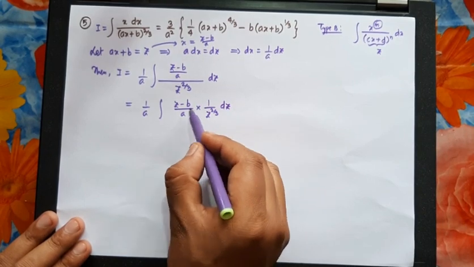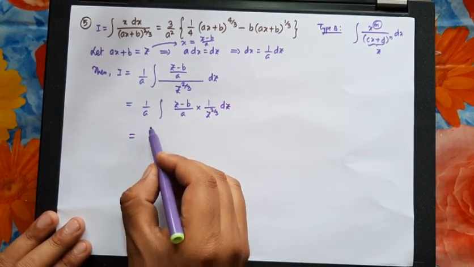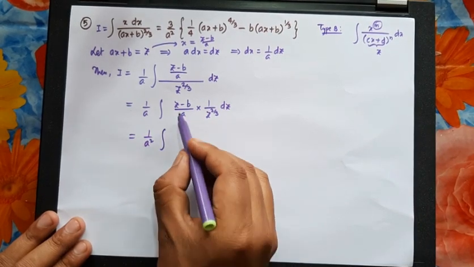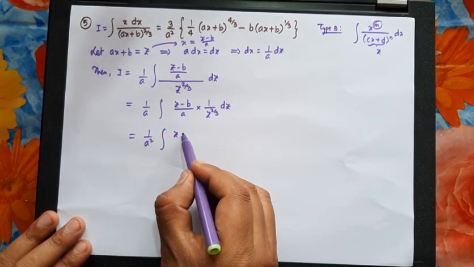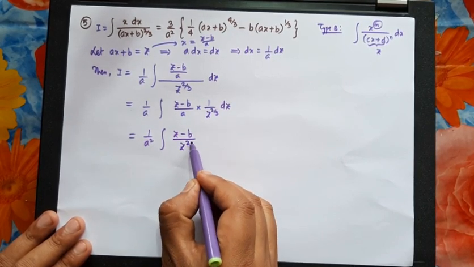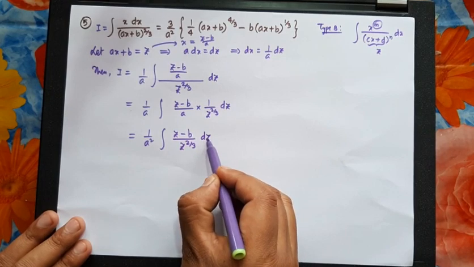This 1 by a can again be kept outside. So I have 1 by a square, (z minus b) divided by z to the power 2 by 3 dz.